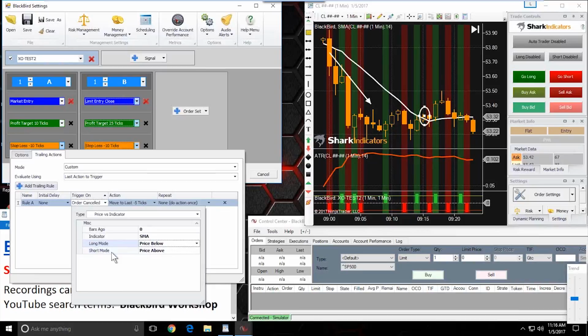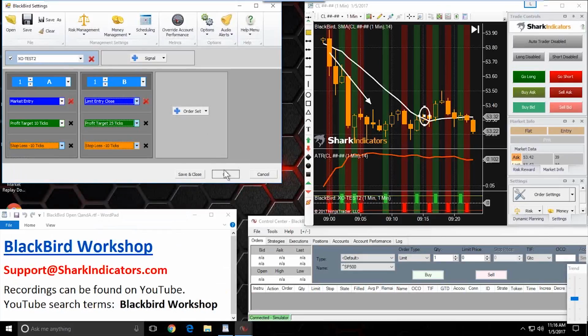So that depends. It's actually both. When you're setting up a trailing rule and an indicator is involved, then it's going to be when the bar closes. Well, actually it depends on how you have BlackBird set up.